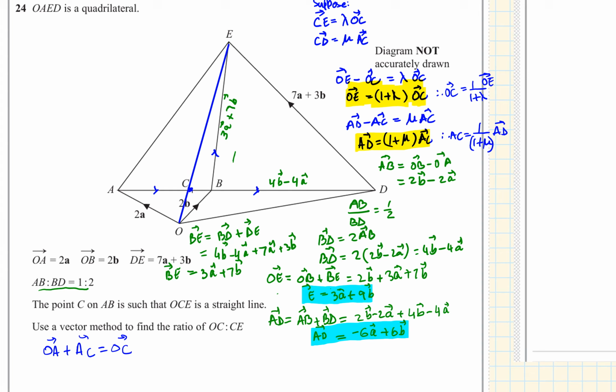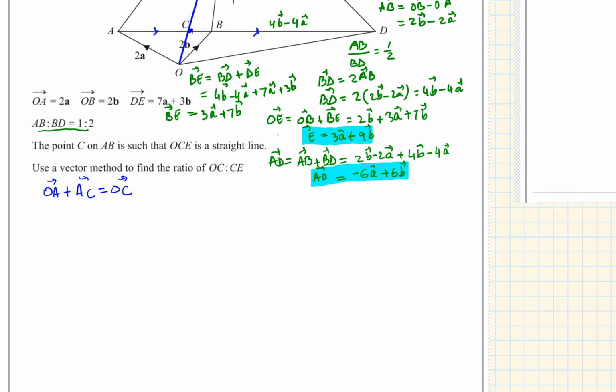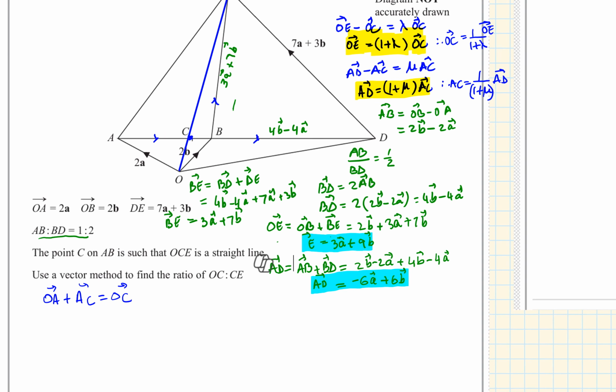So OA is twice of A. So twice of A plus AC is 1 over 1 plus mu times AD. AD is minus 6A plus 6B.